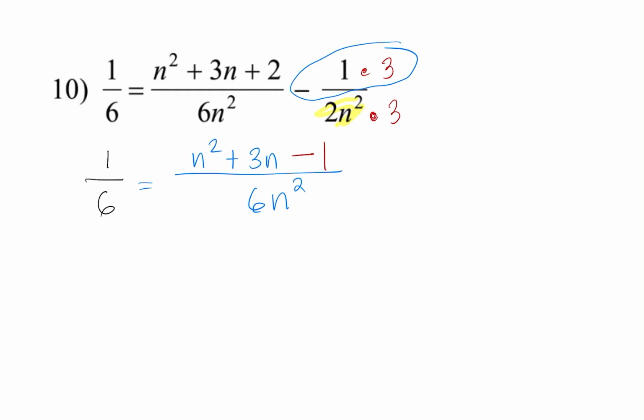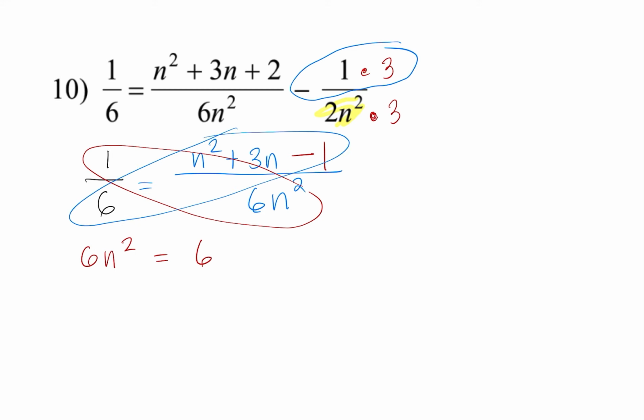And then what do we do at this time? We can cross multiply. So let's cross multiply these two. That would be 6n squared equals 6. Cross multiply this as well. So that's 6 times n squared plus 3n minus 1.